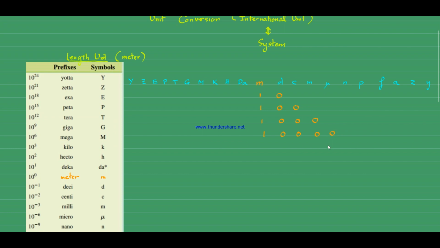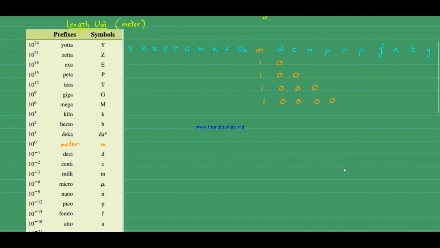For micro, micro is 6, so we have six zeros. I don't have enough space, so I just put the 6 of them in the same column.